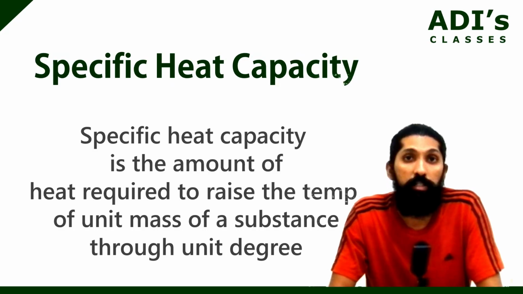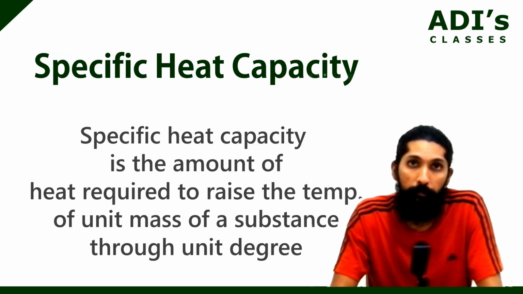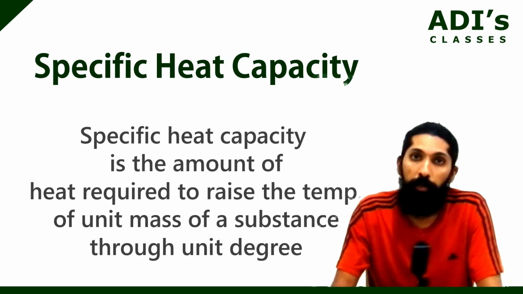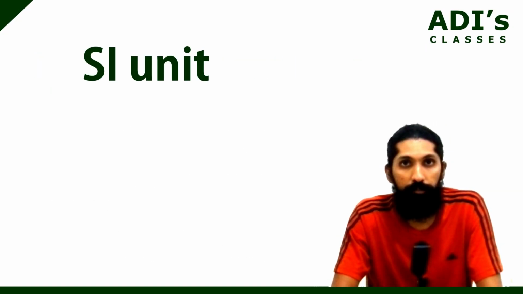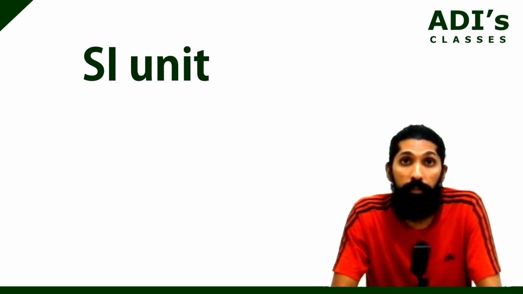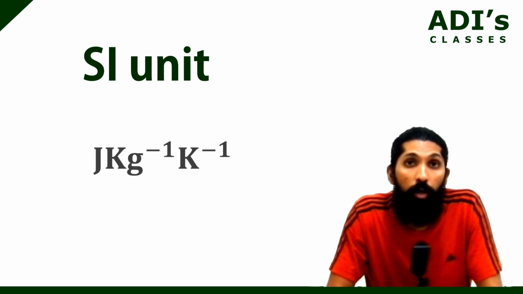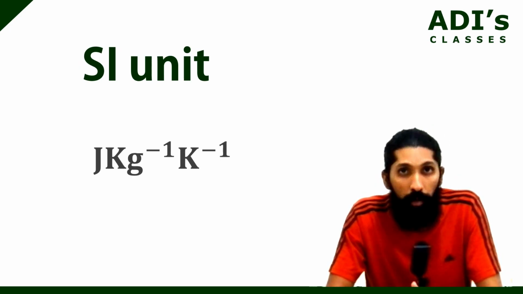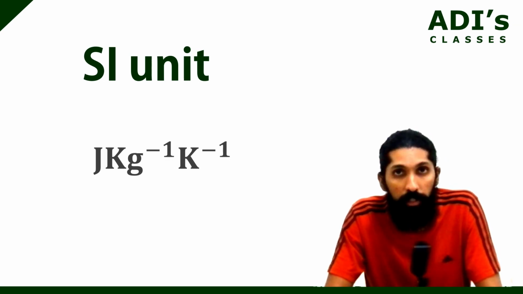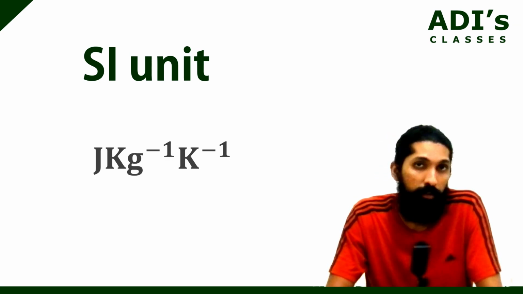That is called specific heat capacity. So here it's completely dependent on the material, correct? Very easy to understand. Now the SI unit: it's energy per mass per temperature, isn't it? So joule per kg per Kelvin. This is the SI unit.